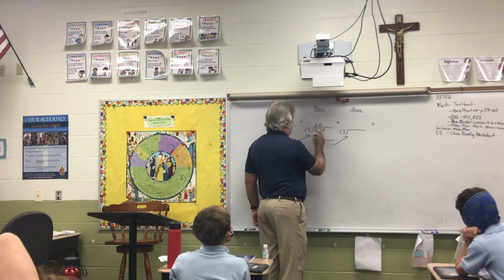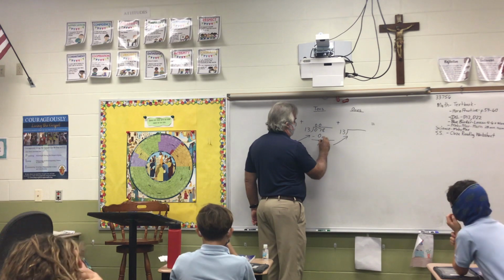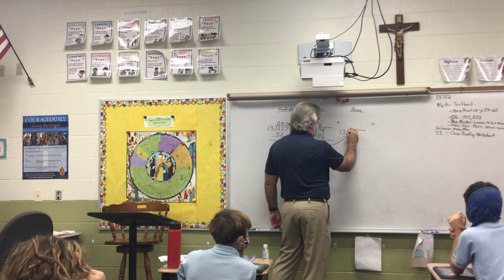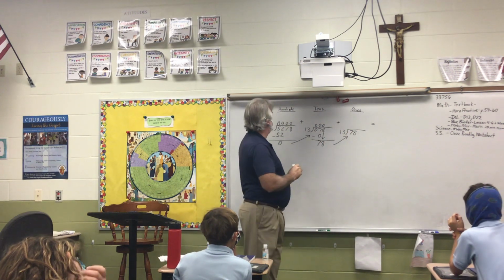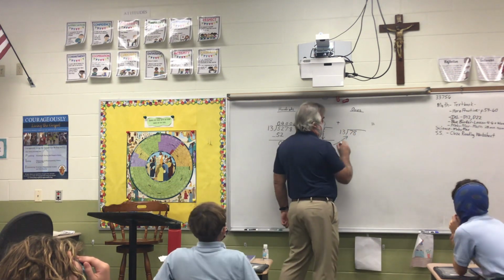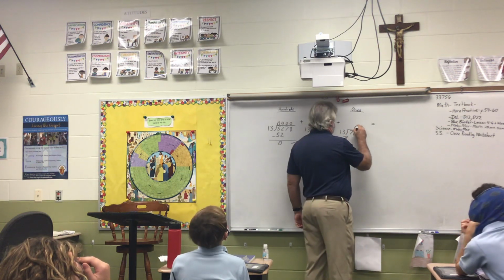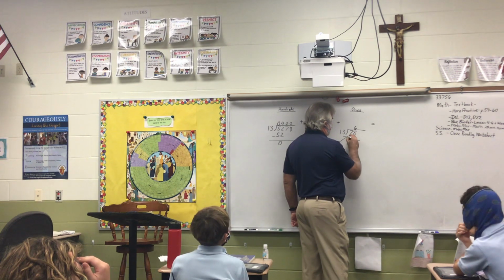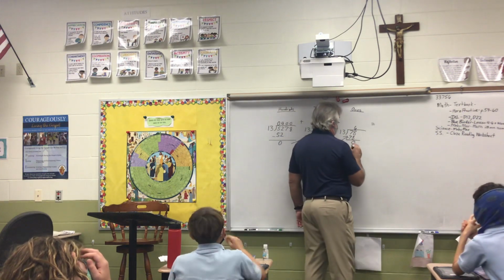So 0 times 13 is 0. I bring down the 7, then I bring down the 8, and I bring this over here. So up here I got zeros, right? 78, 13 goes into 78 6 times. 6 times 13 is 78. It's like I told you yesterday, there's no remainders. So you end up with 0.